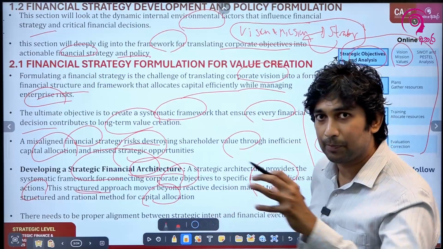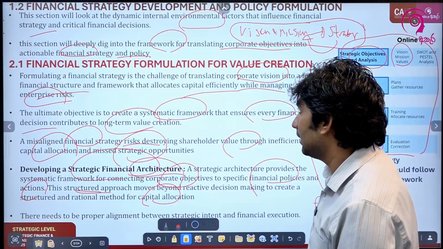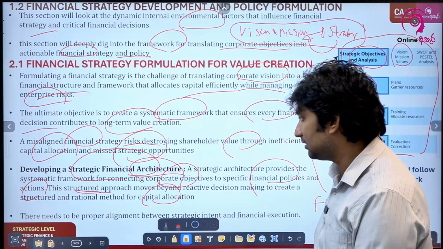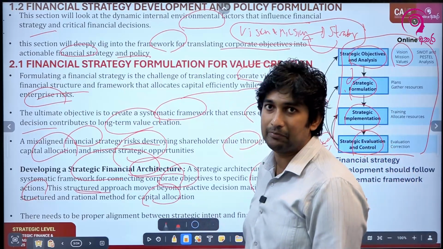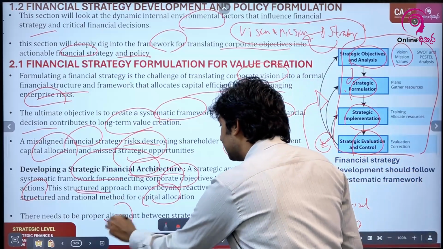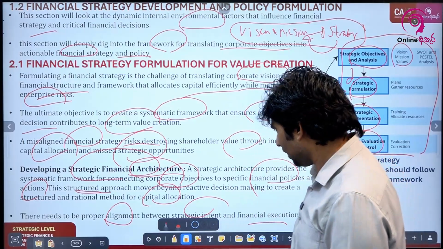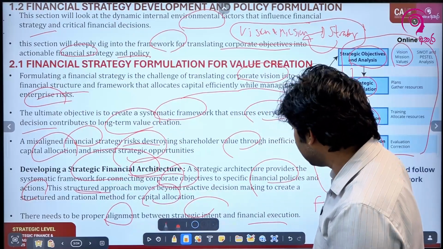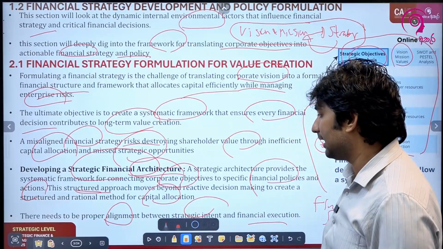Having a proper framework, a proper methodology where you connect your financial strategy to your strategic decision making, this is where strategic financial architecture will be helpful for organizations. There needs to be proper alignment between strategic intent and financial execution. So your strategic philosophy and your financial strategy can't be two different things. These should go hand in hand.